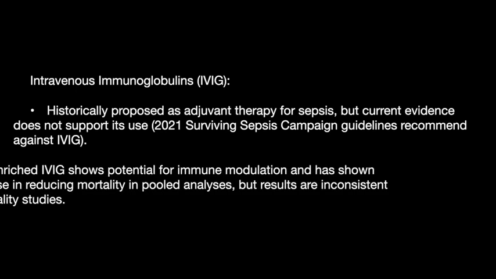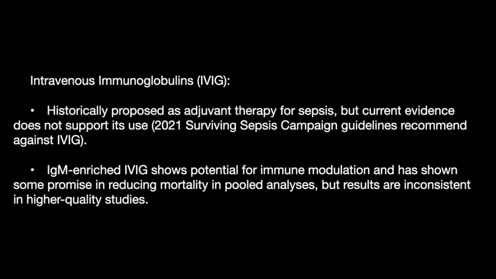Regarding intravenous immunoglobulins, historically proposed as an adjunctive therapy to sepsis, till now we don't really have much supporting evidence for this. IgM-enriched IVIG shows potential for immune modulation and has shown promise in reducing mortality in pooled analysis, but results are inconsistent in higher quality studies.